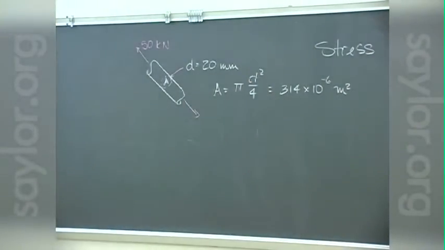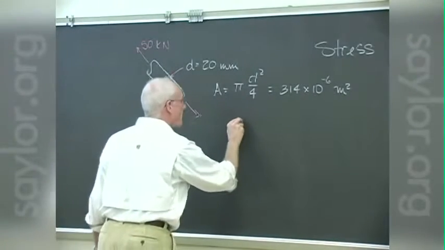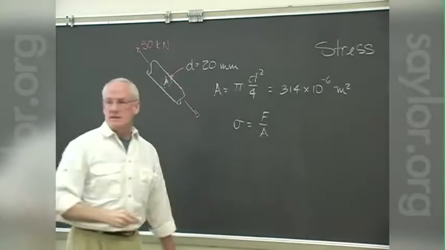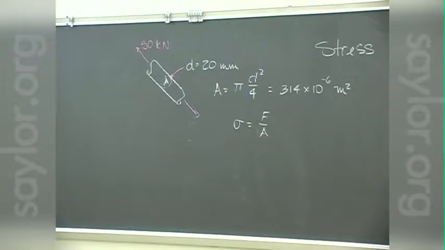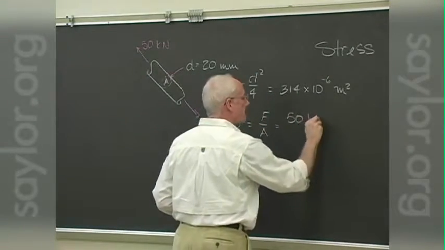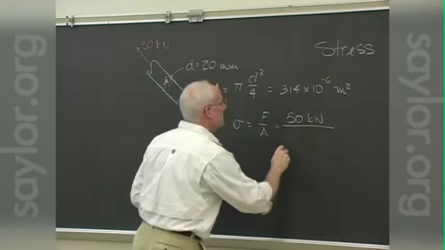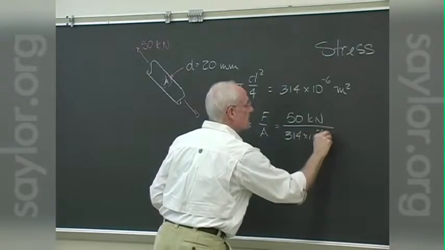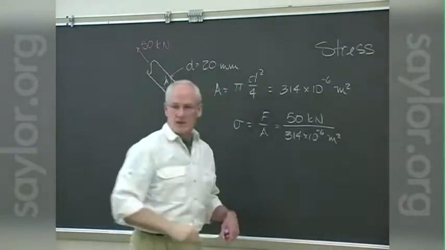So we can figure out the stress in the piece at that cross section by simply determining the ratio of the force to the area that's withstanding that. So it's 50 kilonewtons over the 314 times 10 to the minus 6 meters squared.